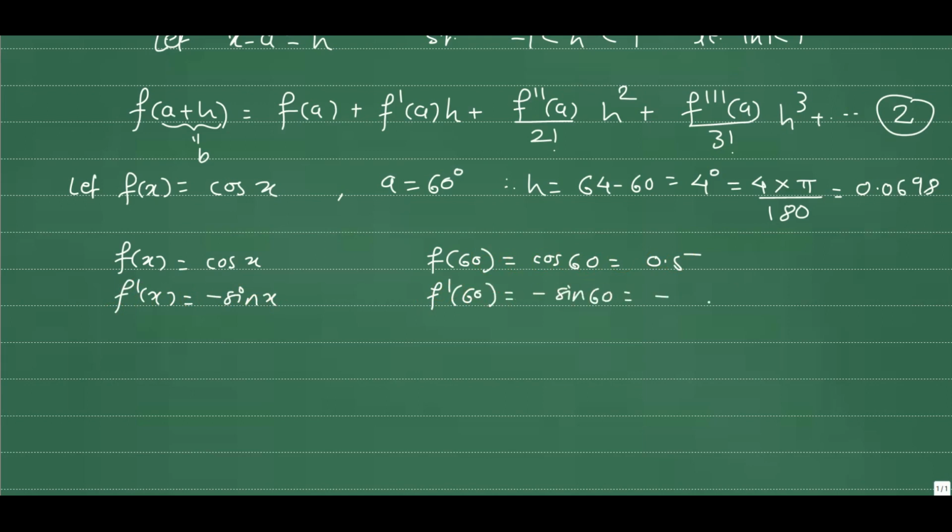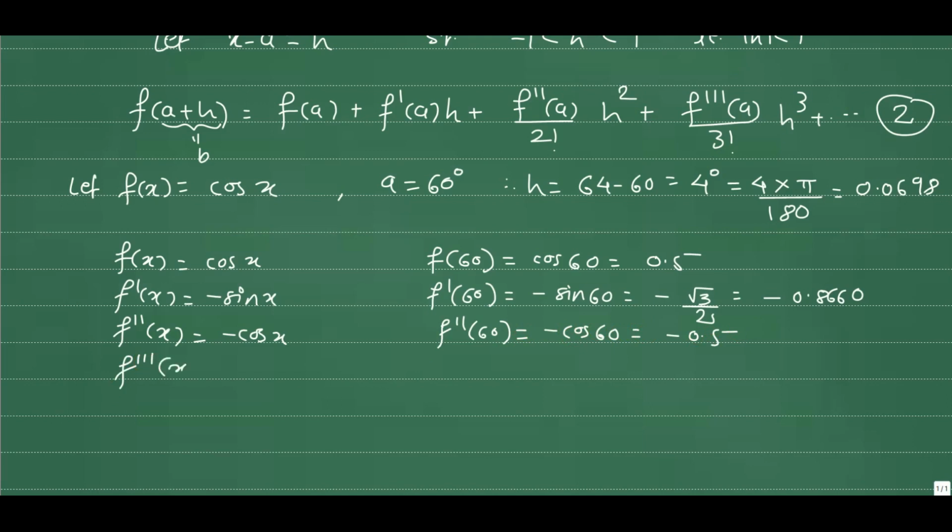We know that sine 60 is root 3 by 2, so it is minus root 3 by 2, which is equal to minus 0.8660. Then f double dash of x, which is minus cos of x. Therefore f double dash at 60 is equal to minus cos of 60, which is minus 0.5.